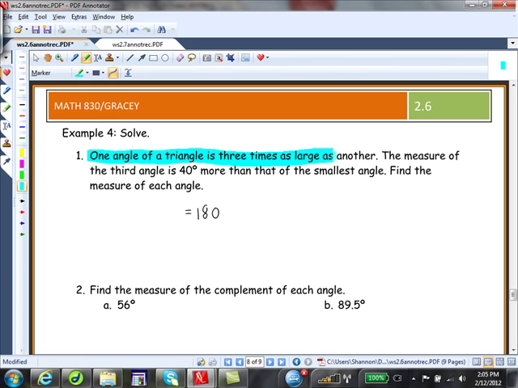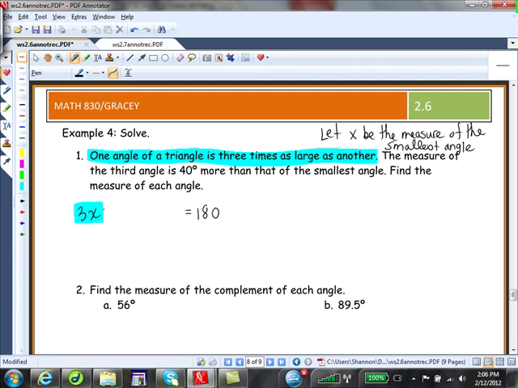One angle of a triangle is 3 times as large as another. So if we were to let x be the measure of the smallest angle, then we would have 3 times x for the blue.